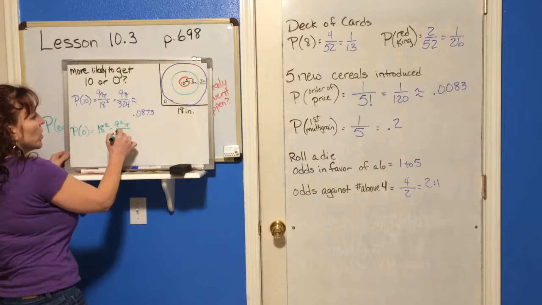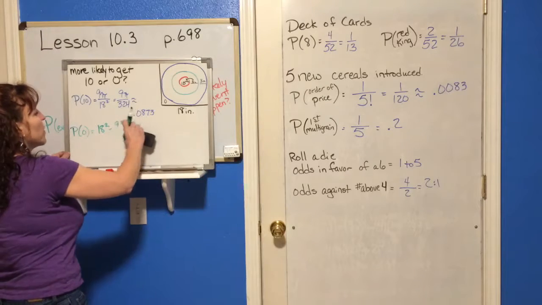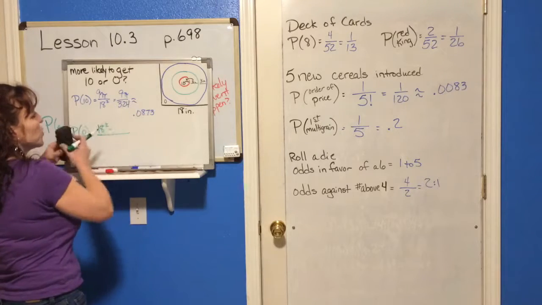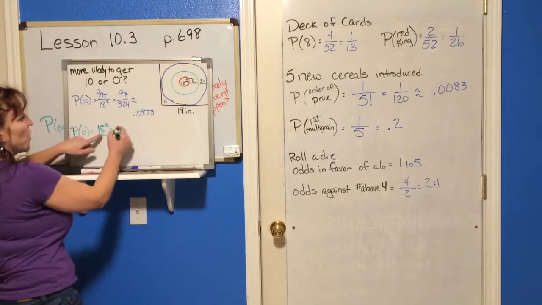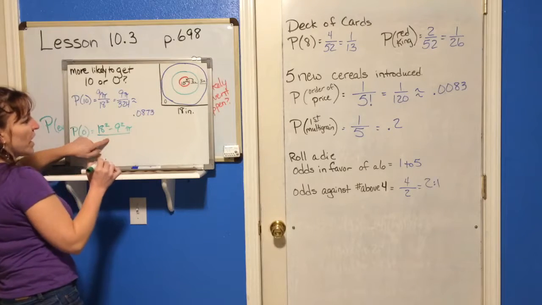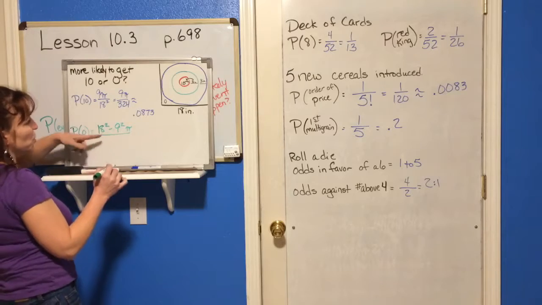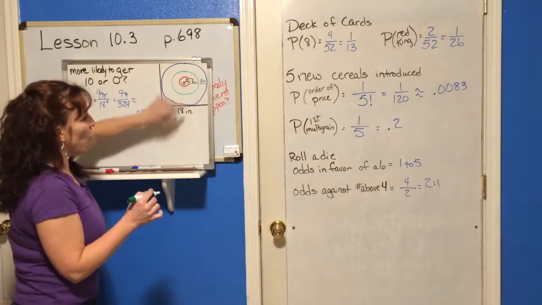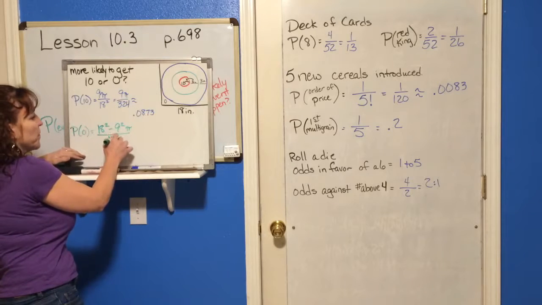Over, no, not over, the whole thing. That's why I was confused. So the whole 18 inches squared minus the circle, which is 9 squared pi. And we're going to compare that to, so that's the favorable. The favorable is what's in here. And the whole thing is the 18 squared.